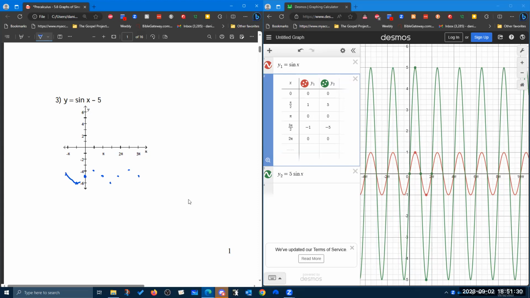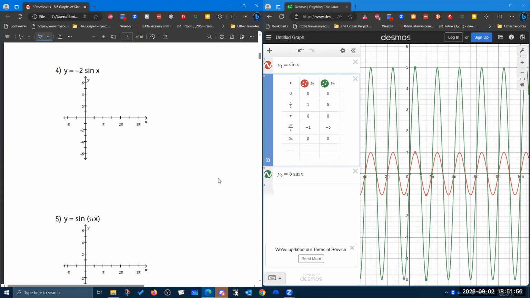And we get a graph that has a line of equilibrium at y equals -5. Doing my best here to draw that wave. Again, calculators are way better at graphing waves than I am by hand, but there it is.